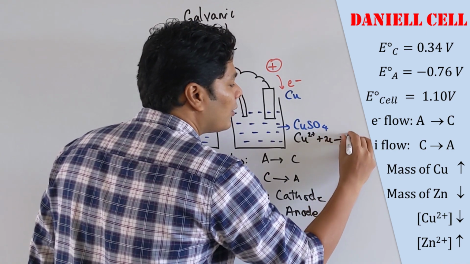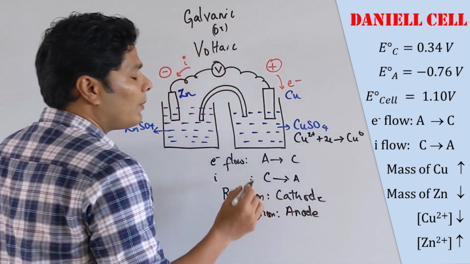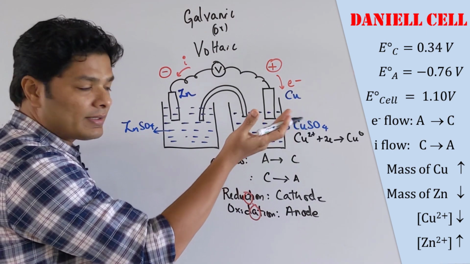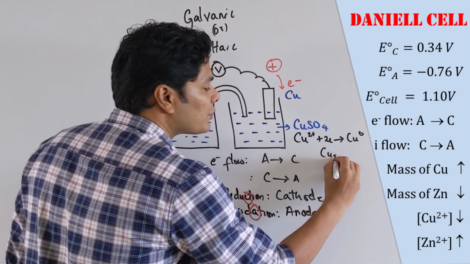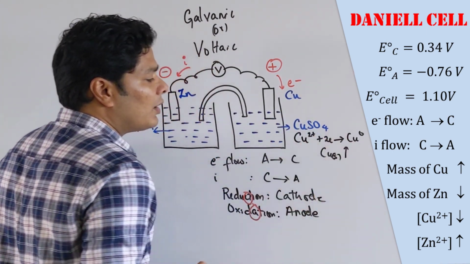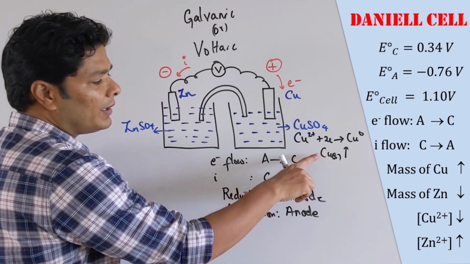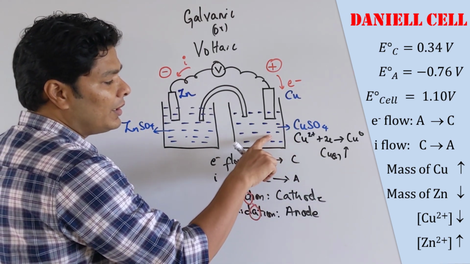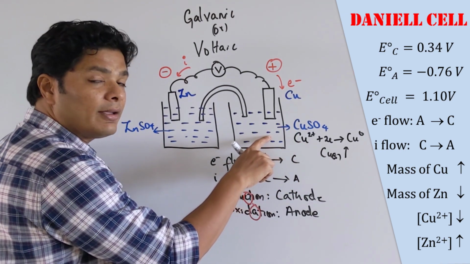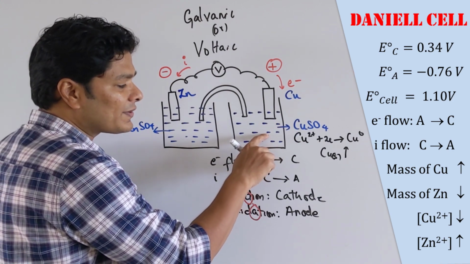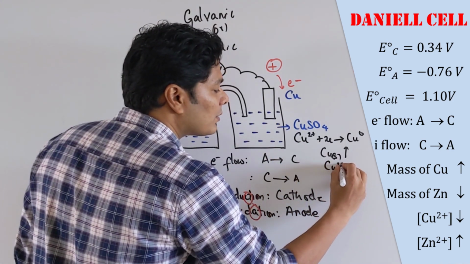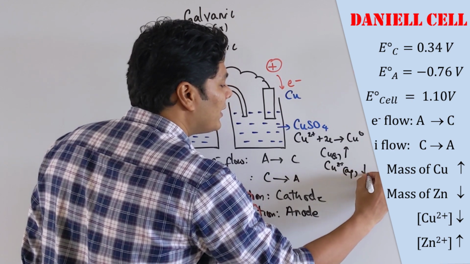It takes 2 electrons and goes to Cu0. So the weight of my cathode increases. So the amount of copper solid increases. Now where does the copper solid come from? It comes out of copper from the solution. So the amount of electrolyte here decreases, Cu2+ decreases. So Cu2+ aqueous will decrease.